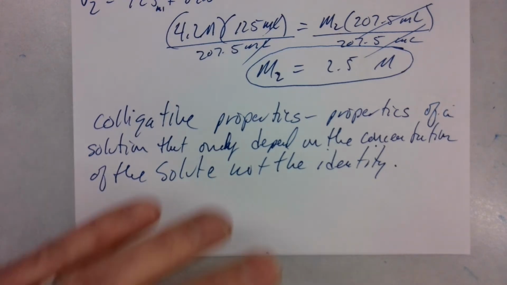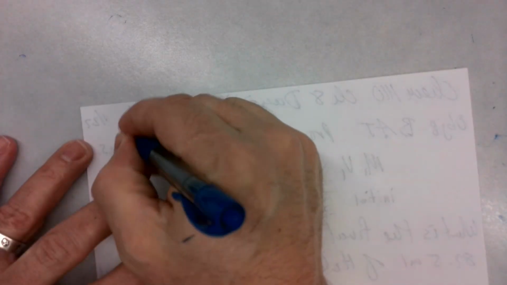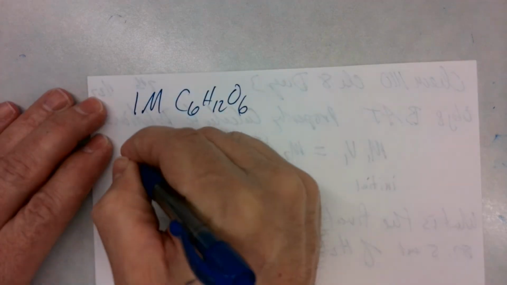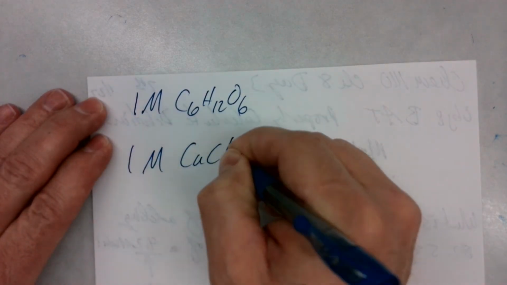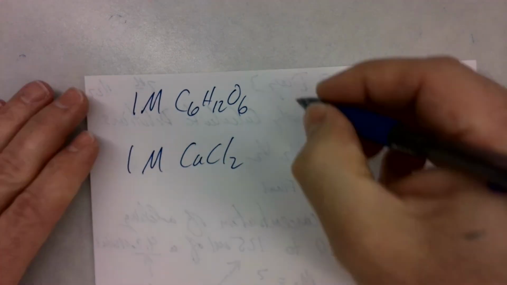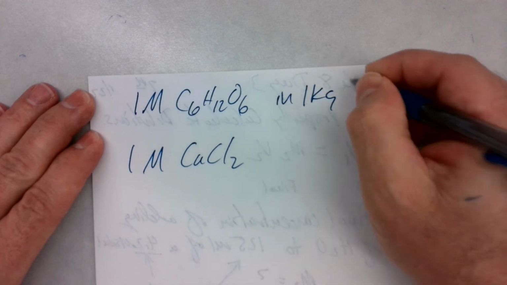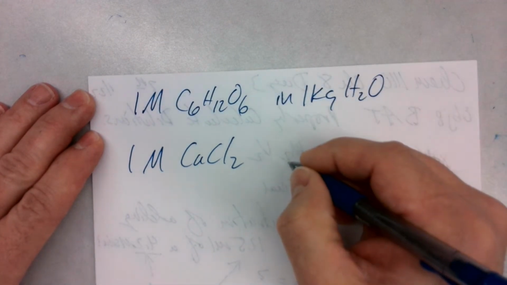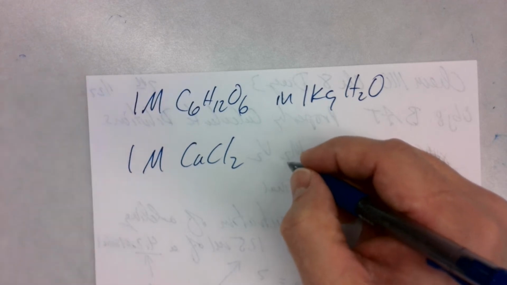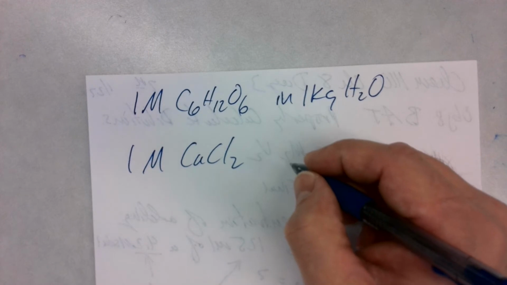So, for example, let's say I had 1 molar C6H12O6 and I had 1 molar CaCl2, and I put them both in water. I put them both in 1 kilogram of H2O. Actually, wait a minute. Is it water or solution? Let me check. Now I'm doubting myself.